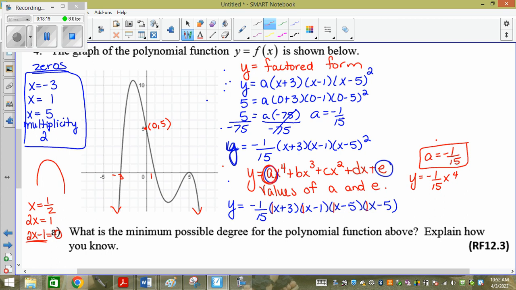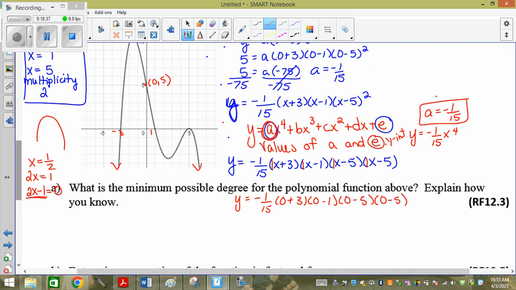Now if I want my e, it's just my y-intercept. My y-intercept means x equals 0. So I go y equals negative 1 over 15, 0 plus 3 times 0 minus 1 times 0 minus 5 times 0 minus 5. And so I get 25 times 3 times negative 75.